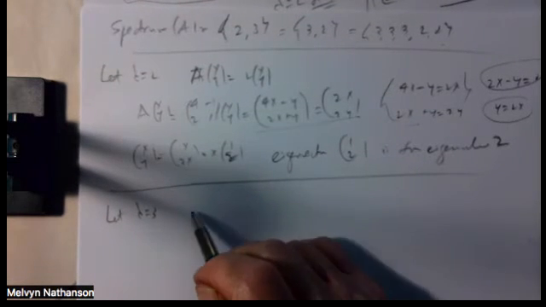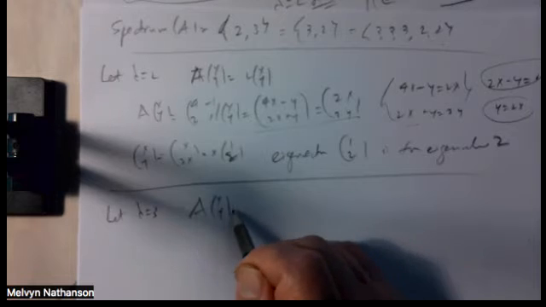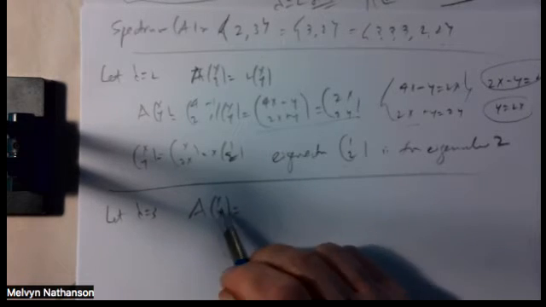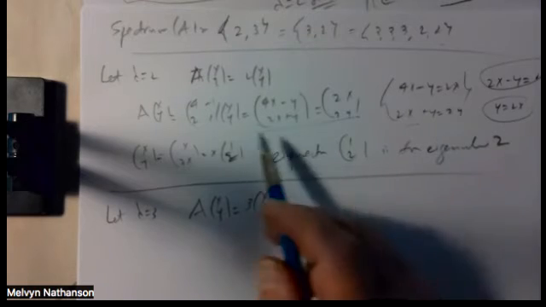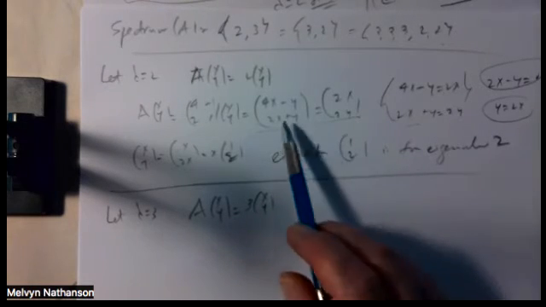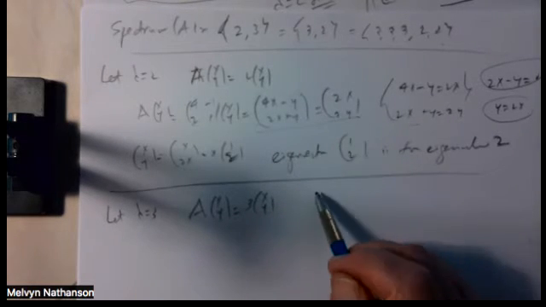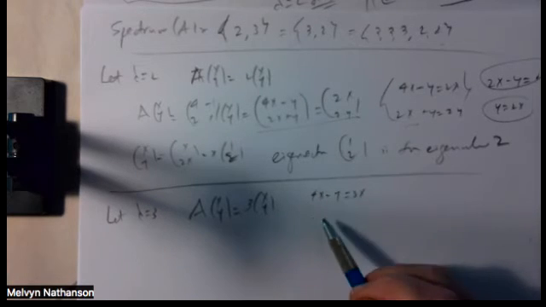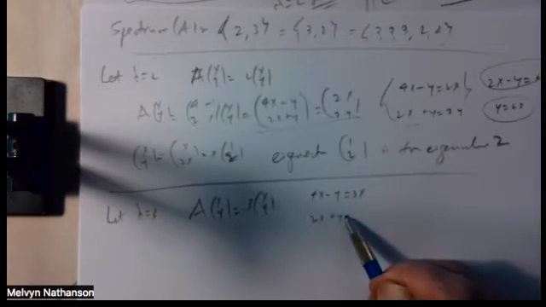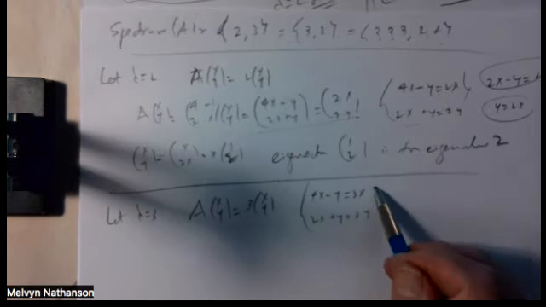Suppose we take lambda equal 3. Then we know there's a non-zero vector (x, y) such that A of (x, y) is 3 times (x, y). But when you write that in equations, it's exactly this, only now it's 4x minus y equals 3x, and 2x plus y equals 3y.